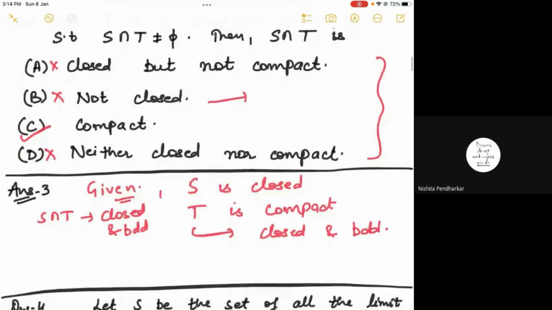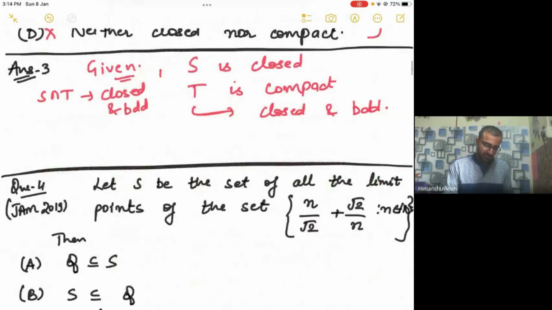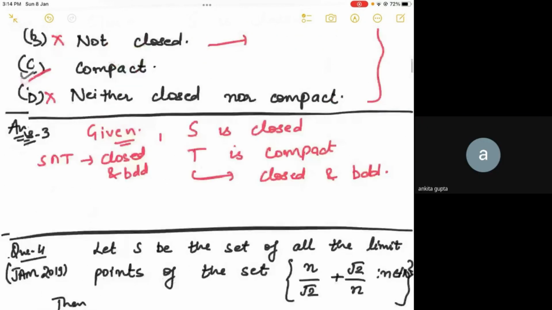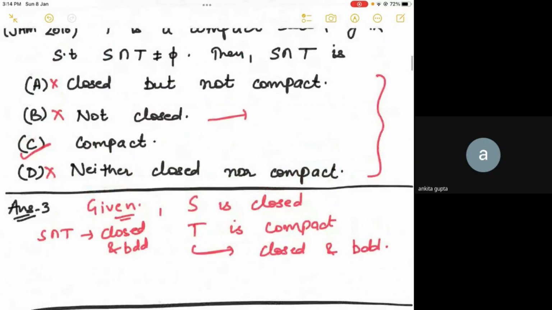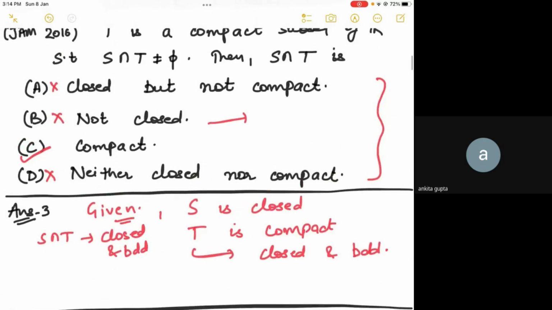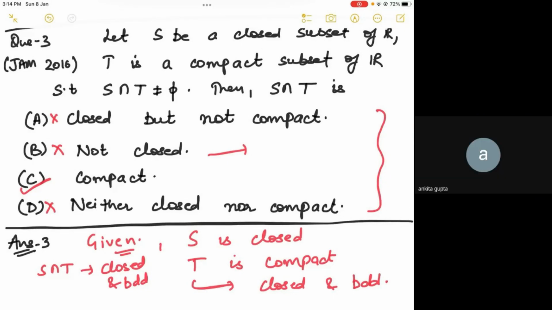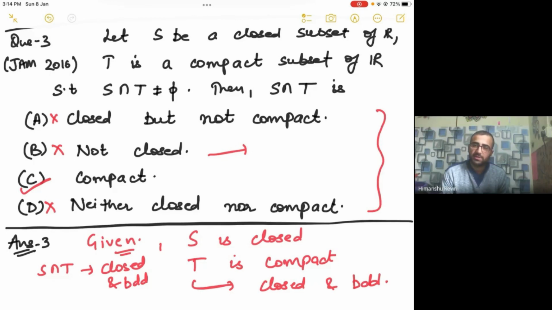Okay, so this question number 3 is done. Let's go to question number 4. Sir, I want to ask one question: how do you say that S is bounded? No, in question number 3, T is a compact subset of R. Yes, sir. So it may not be true that S is bounded.